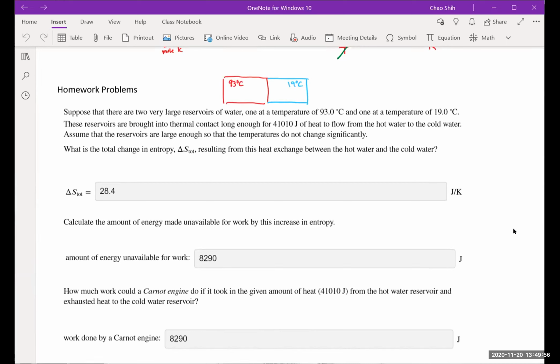The thermodynamics law tells us the heat is transferred from high to low. So the heat goes from the hot to the cold. This heat Q is equal to 41010 joules.